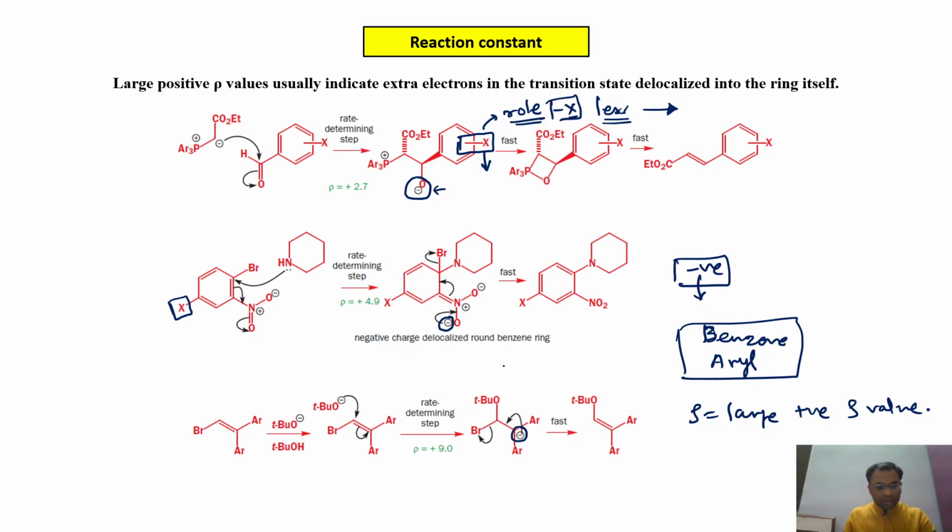Therefore the rho value is considered a measure of the susceptibility of the intermediate towards the substituent constant.